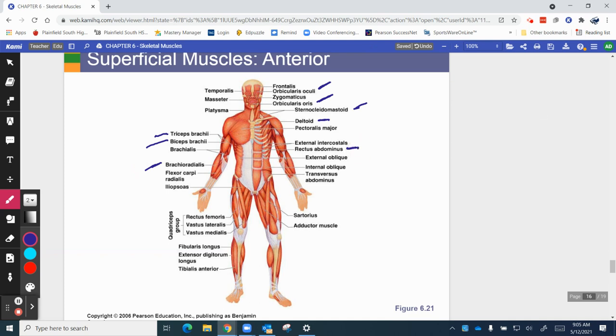We got rectus, then the vastus and medialis, and then the tibialis anterior. Okay, I think that's the diagram that's on the assessment, guys. It's a full frontal view. We don't break it down into the smaller ones, so just make sure you have note of a couple of those.